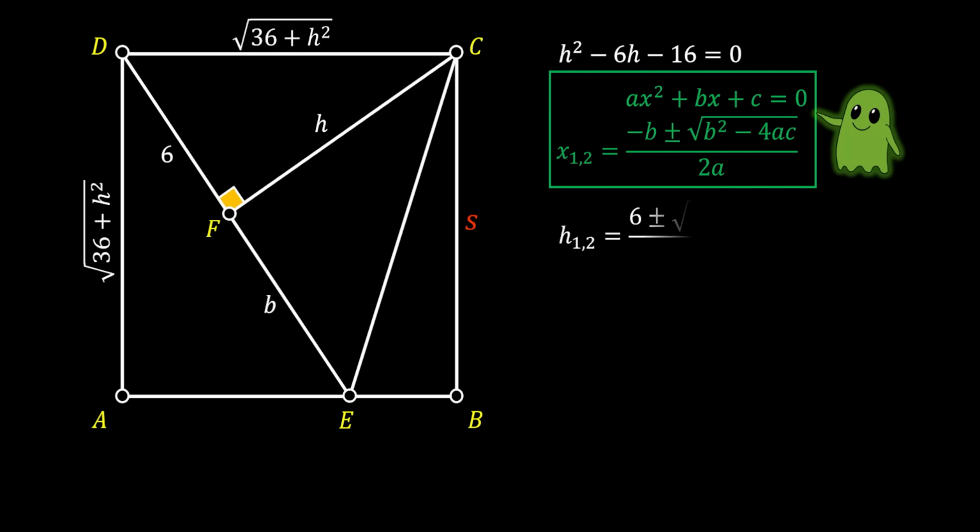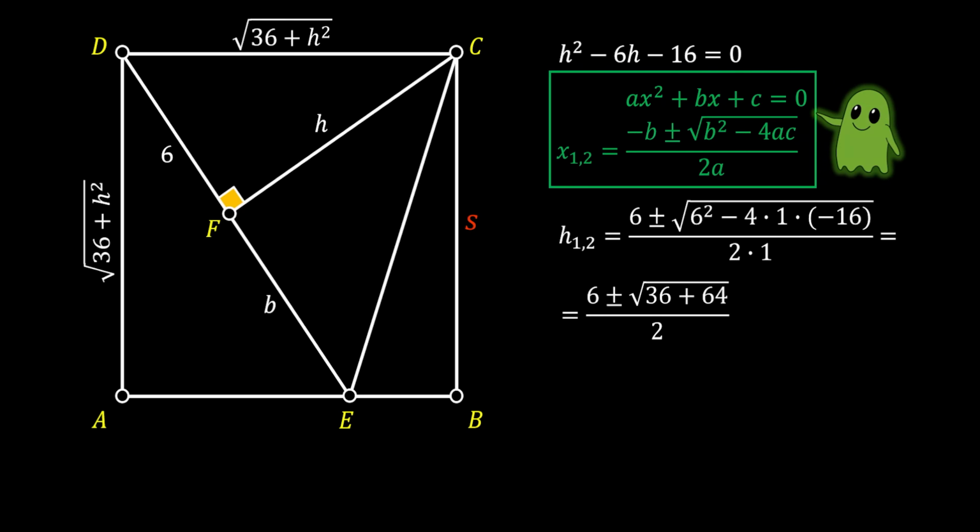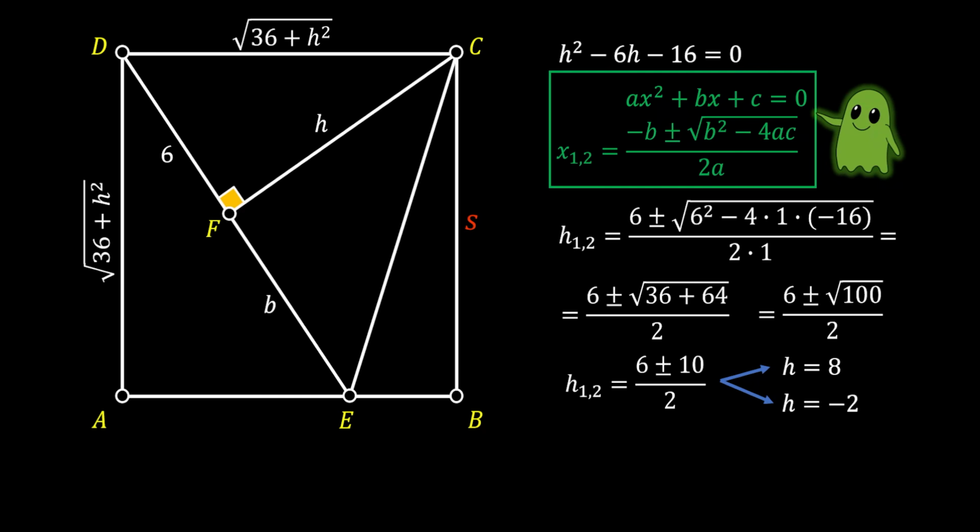So we're just going to implement those values into our quadratic formula and get the following. Now we're just going to simplify things underneath the square root, and finally we will get that the values for h must be 6 plus 10 over 2, which is 8, and 6 minus 10 over 2, which is minus 2.